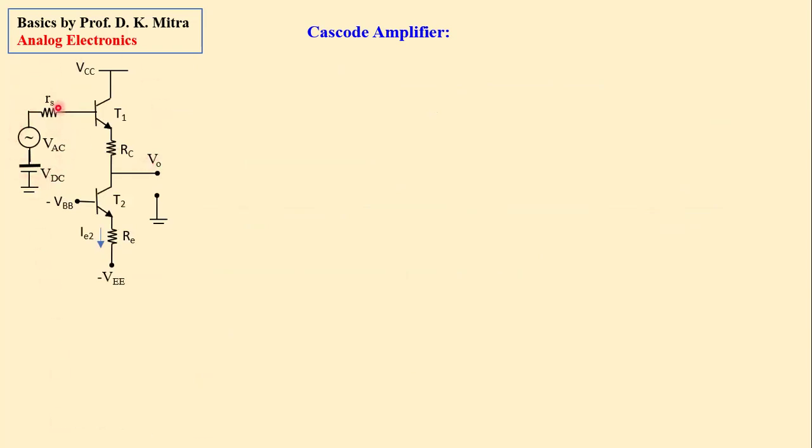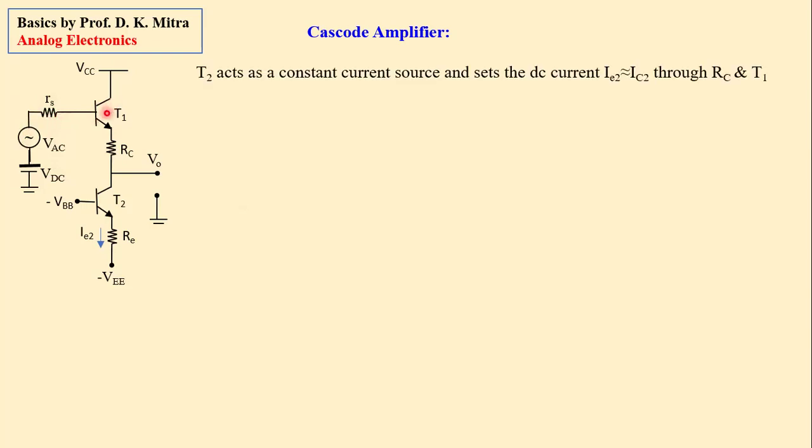Same source here, and you connect 2 transistors. In our last picture, we connected the bias directly to the output. Instead of doing that, you connect it to two transistors and put a bias voltage minus V here and put a base emitter bias to this particular transistor.